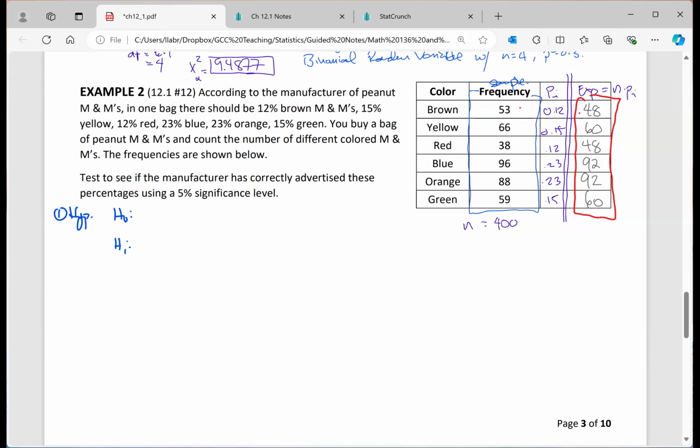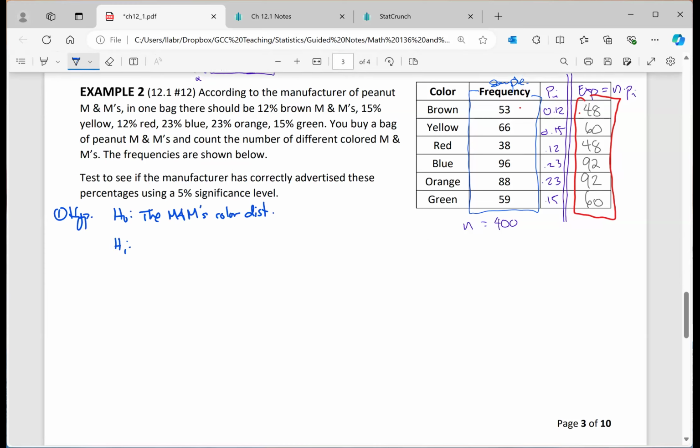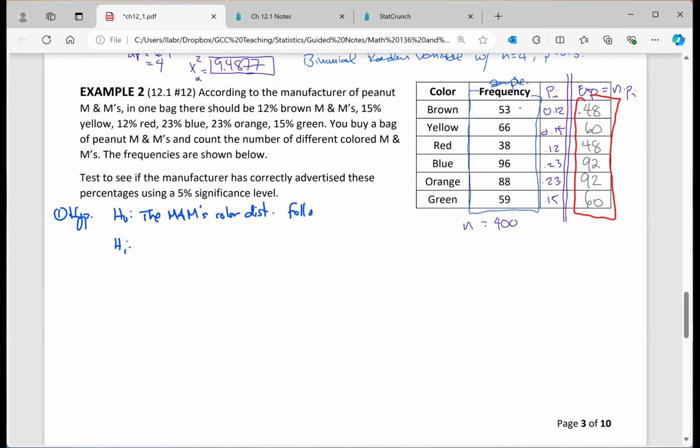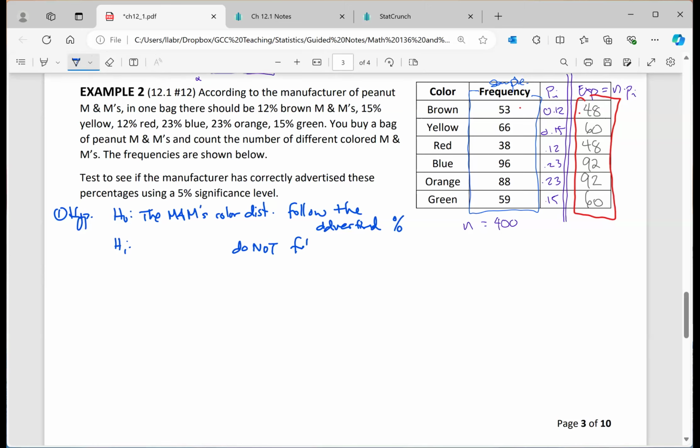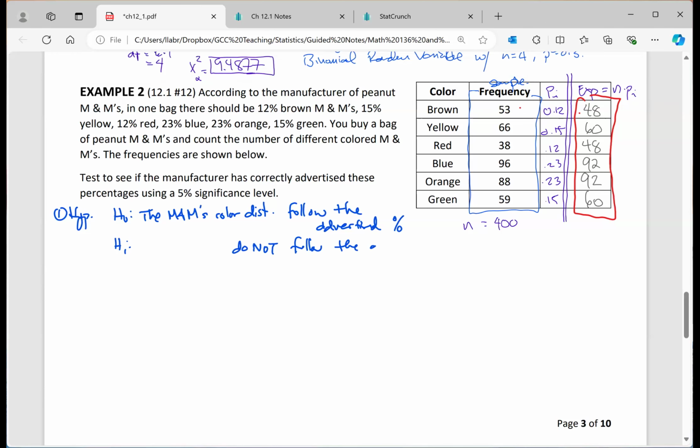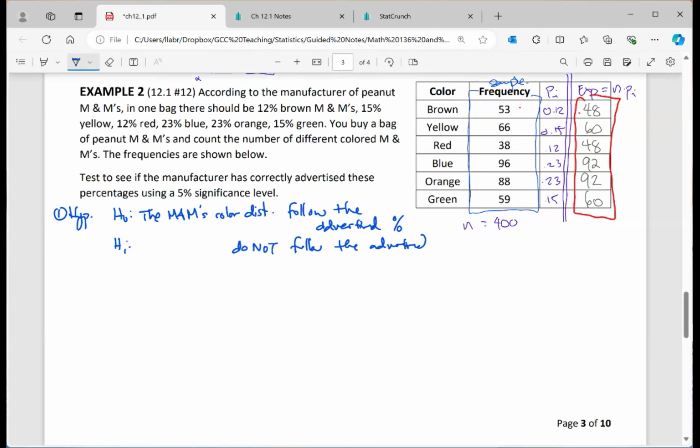To see if the manufacturer has correctly advertised these percentages, the null is that the M&Ms color distribution follows the advertised frequency or percentages. The alternative is that the M&Ms do not follow the advertised percentages.